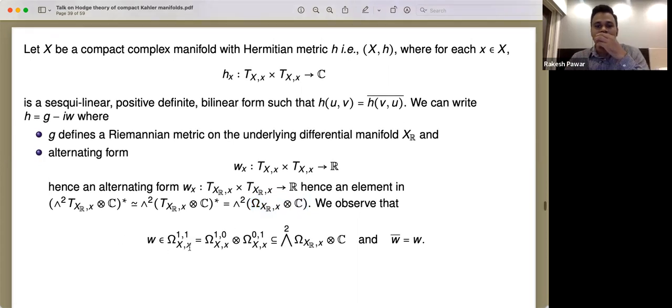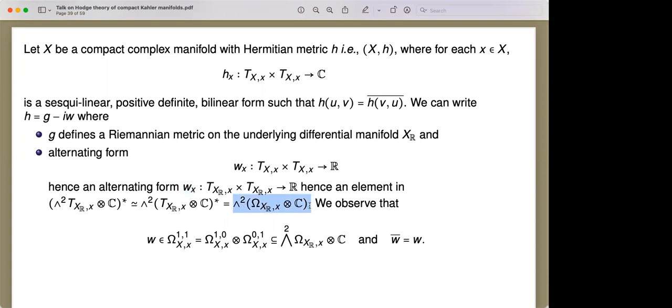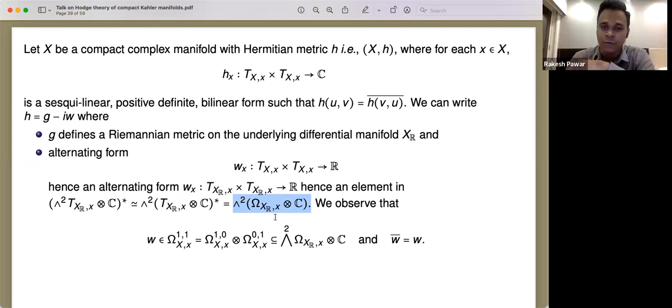Now, if you remember the earlier calculation, we had some k-th wedge product and we broke it into pieces, where it will be (2,0), (1,1), and (0,2), right? A priori this W_X element will give me an element in this direct sum, a direct sum of pieces with components (0,2), (1,1), and (2,0).